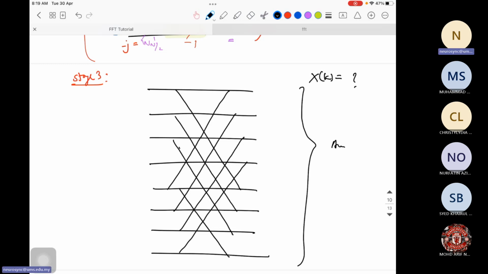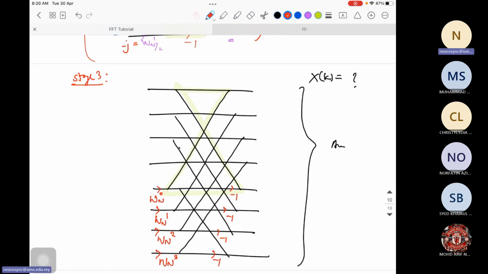Now the first butterfly is this. So this is always -1. I said this is always -1. -1, -1, -1. And at the end of this, it should be multiplied by Wn0, Wn1, Wn2, Wn3.